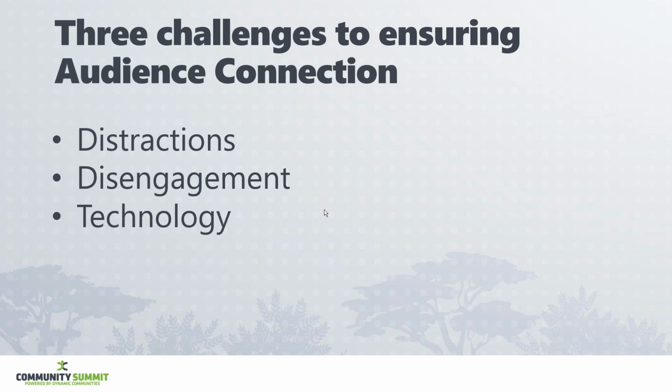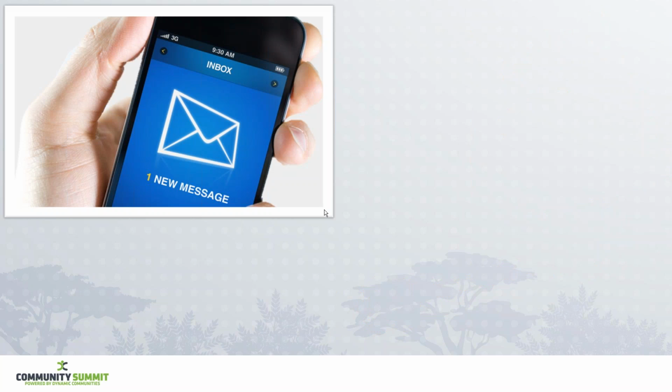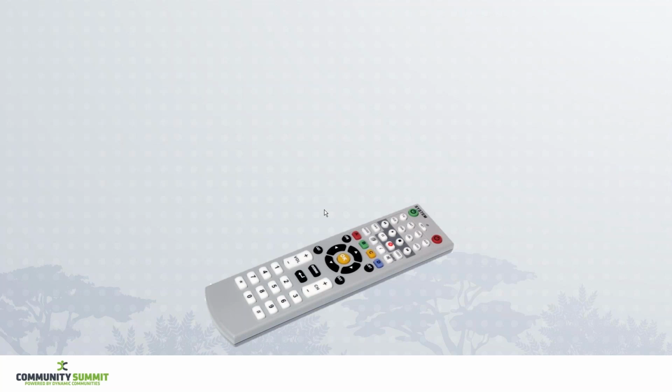So, distractions. We have lots and lots of ways that people can do other stuff. When you're attending a virtual conference, it is very easy to just quickly check your phone. Has an important email come in?